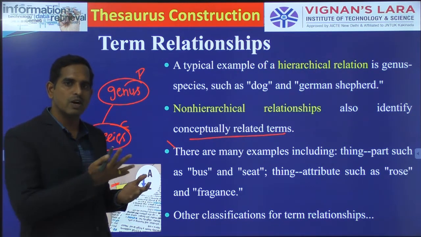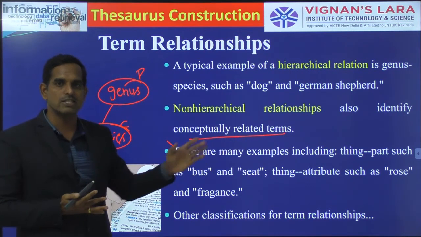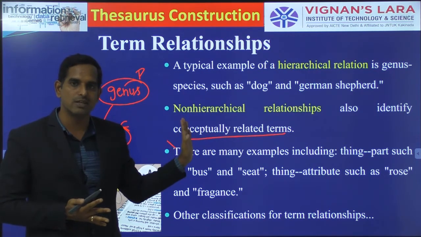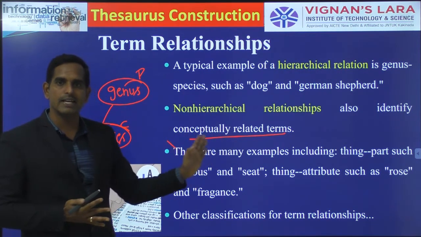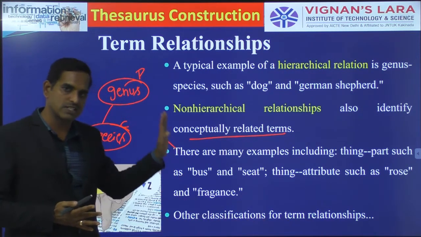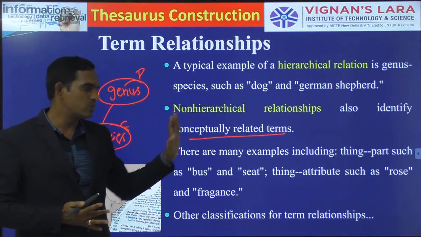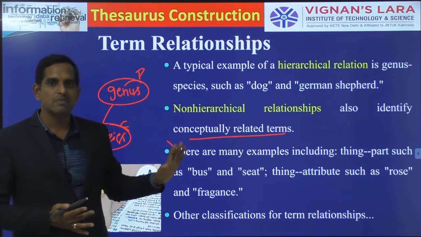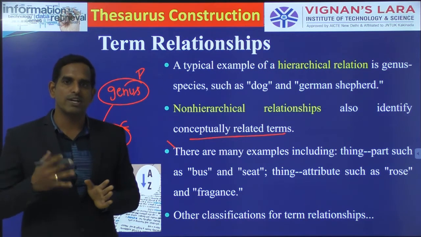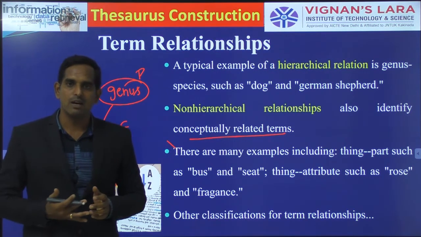Either you use an equivalence relationship between the terms, or a hierarchical relationship, or a non-hierarchical relationship. There are other classifications for the same types of relationships which we are not discussing here, but this property, the relationship between terms, is very important for your retrieval process.